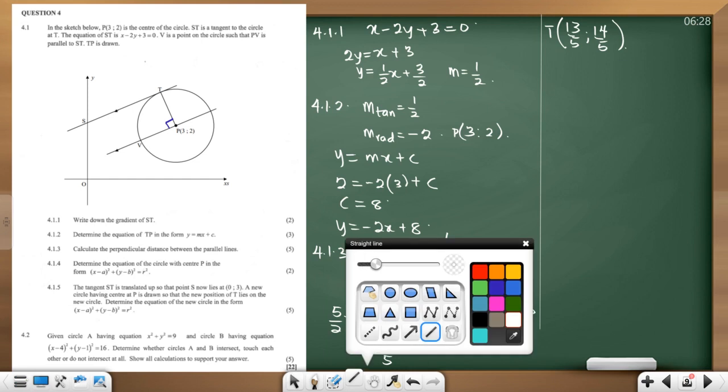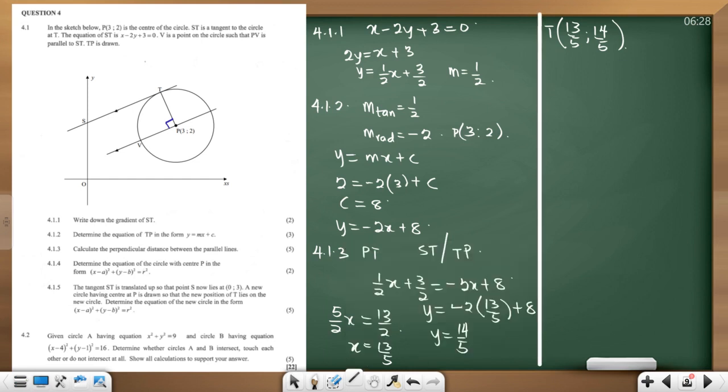Now we know the coordinate of P. So PT will be the square root of what? x2 minus x1, the x value of P and the x value of T. So it's 13 over 5 minus 3. Now the y value is 14 over 5 minus, what is the y value of P? 2, squared.